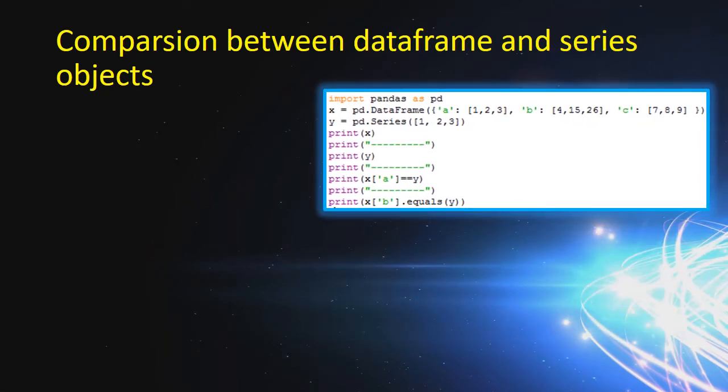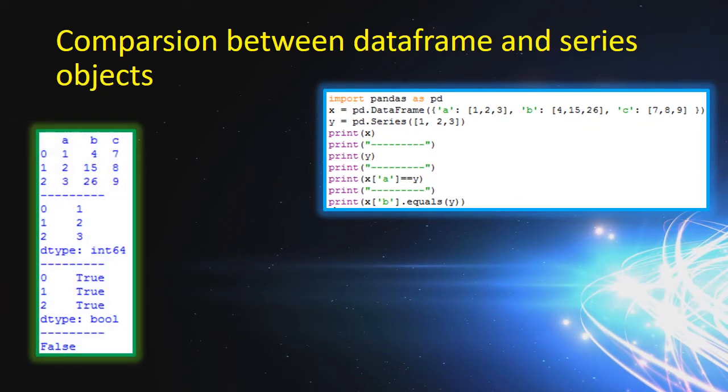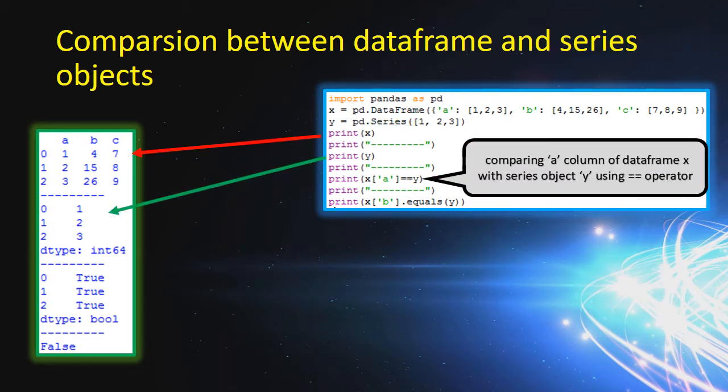Next we are comparing the data frame with the series object. X is the data frame object and Y is the series object. Next we are comparing the A column in the data frame with the Y series object. Both values are matched, so we return true.